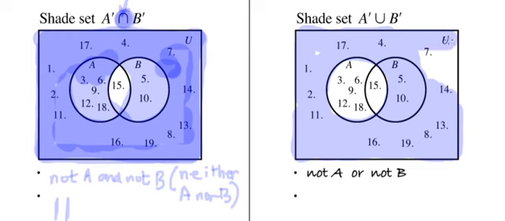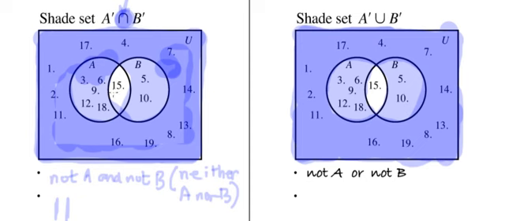I have shaded everything that is not in circle A. And then we have not in B, so now I have to cover everything that is outside circle B. Here I am going around the edge of it. And then I shade everything else. Everything that's outside circle B is considered not B. There we go. Okay.